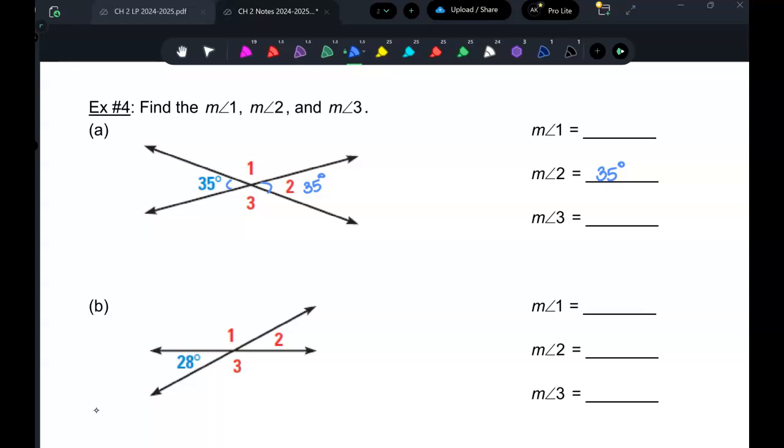What do these have to add up to? 180. So the measure of angle 1 plus 35 equals 180. Good. So I get the measure of angle 1, oops, there's supposed to be a 1 in front, is 145.